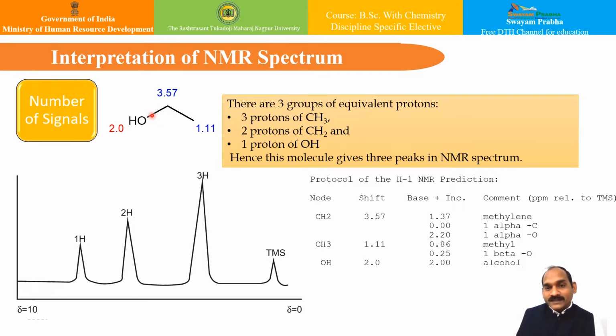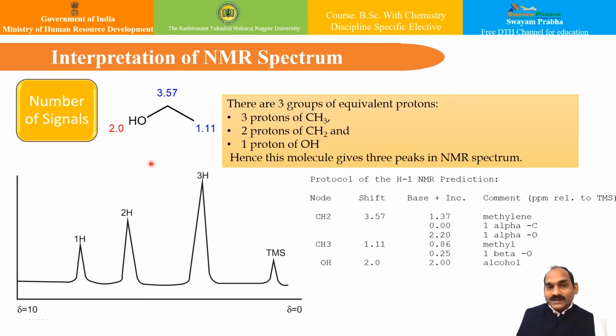The protons present in the same chemical environment are called equivalent protons, and the protons present in different chemical environments are called non-equivalent protons. There are three groups of non-equivalent protons, CH3, CH2, and OH.